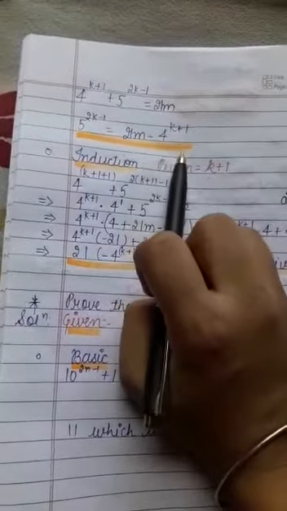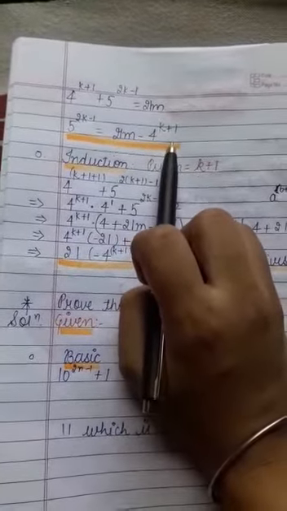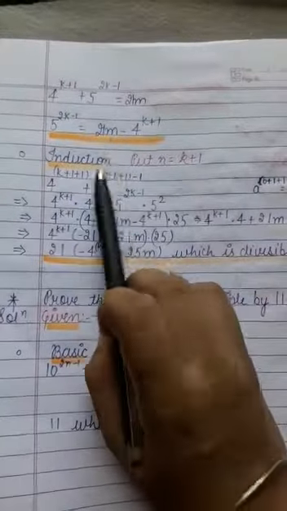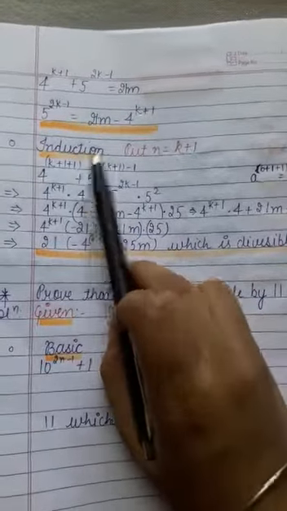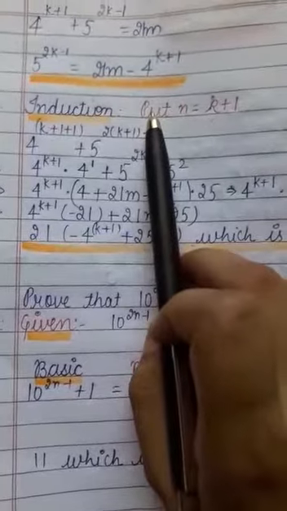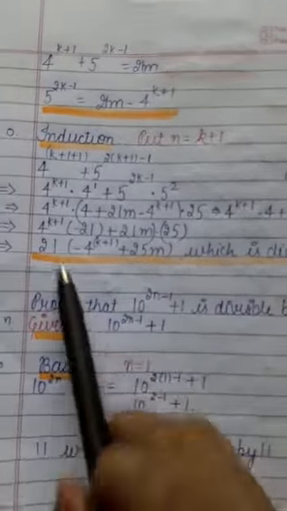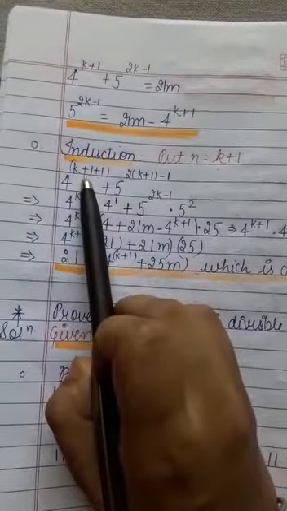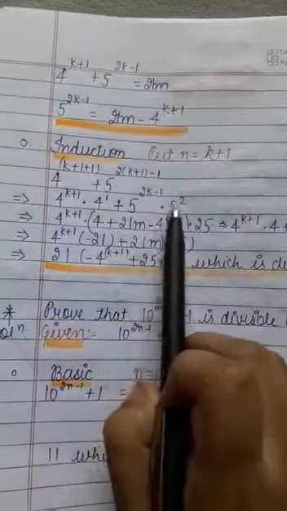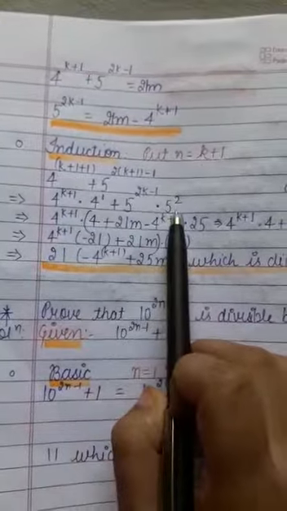That is here, right? After that we apply the third step, which is induction, where you have to put the value of n equals k plus 1, right? So we put k plus 1 here and solve the whole equation.